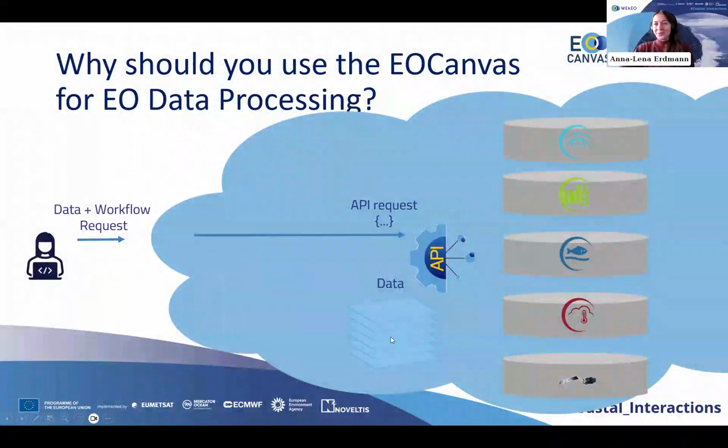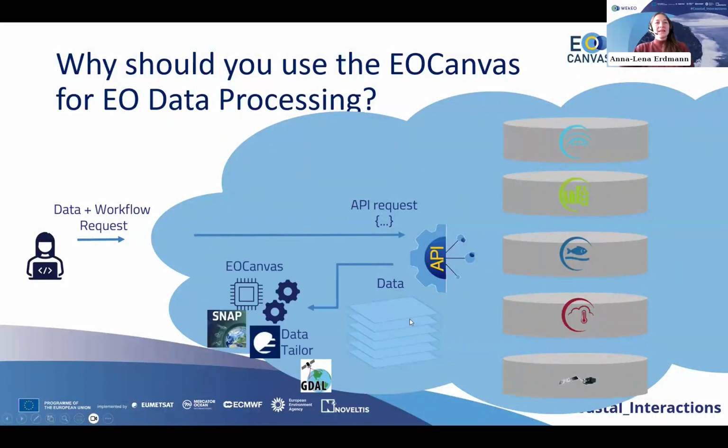So to come back to this usual Earth observation data processing workflow, using the EOCanvas, you might have realized, okay, the cloud is a bit bigger now. So the cloud is the WEkEO infrastructure. What happens with the EOCanvas is that you make a data and workflow request to WEkEO, to us. In the background, the WEkEO API still connects to the data source and gets the data.